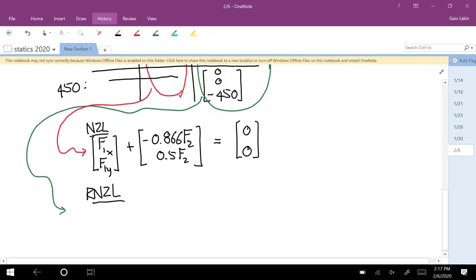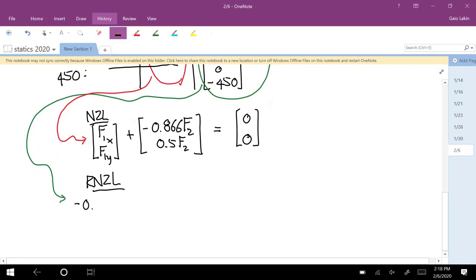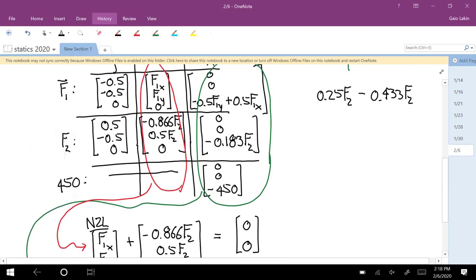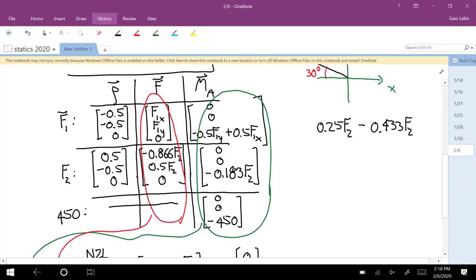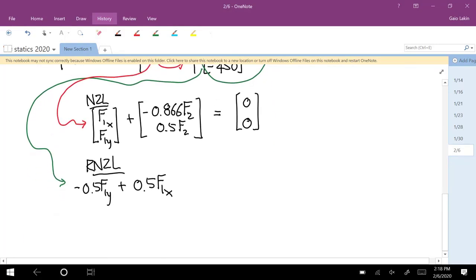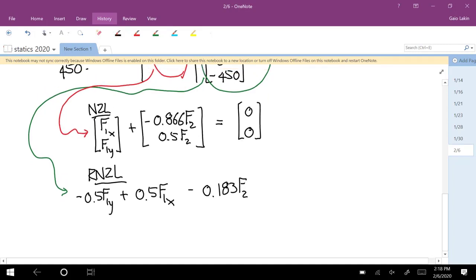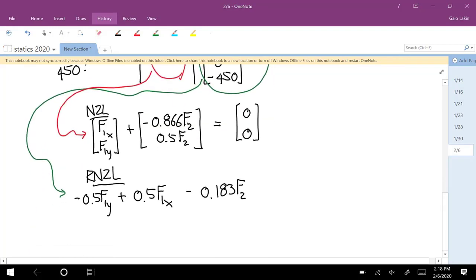We have negative 0.5 F1y plus 0.5 F1x minus 0.183 F2 minus 450 is equal to 0.